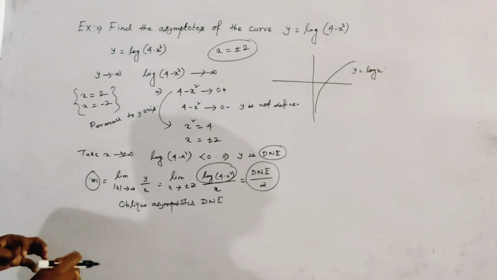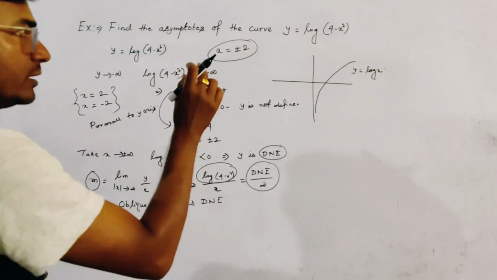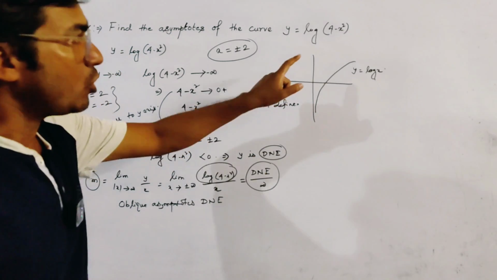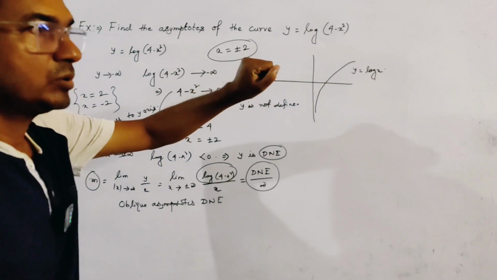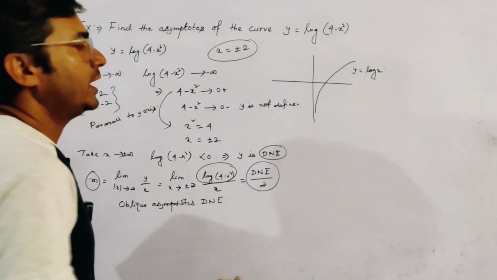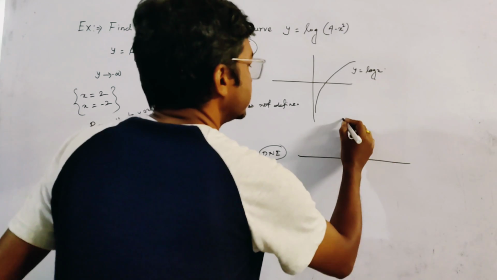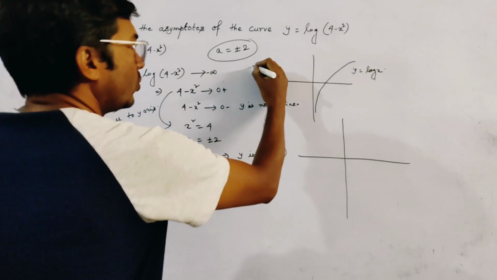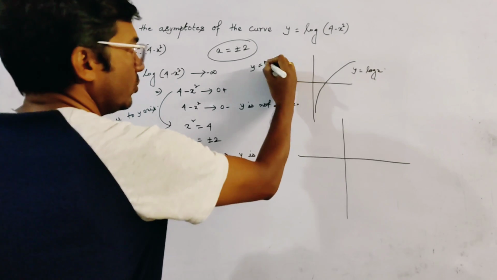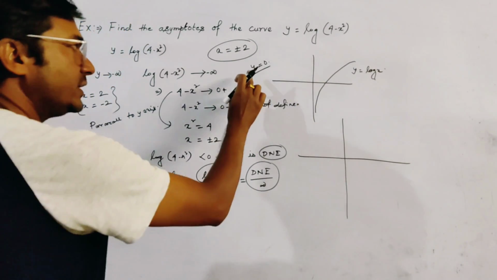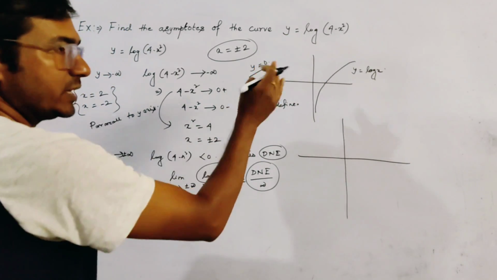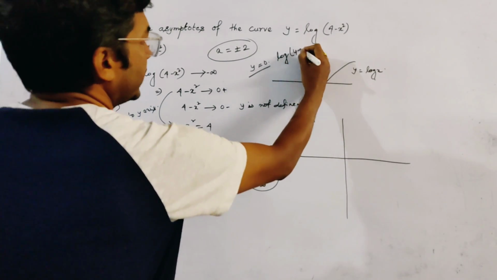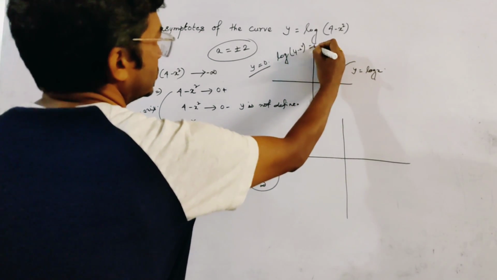Now if we carefully try to draw this curve, how do we draw it? This is the x axis, this is the y axis. We see that when y equals 0, that is when the curve cuts the x axis, then log of 4 minus x square equals 0.